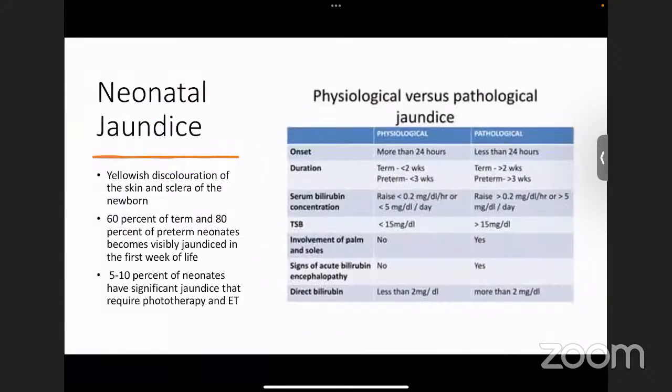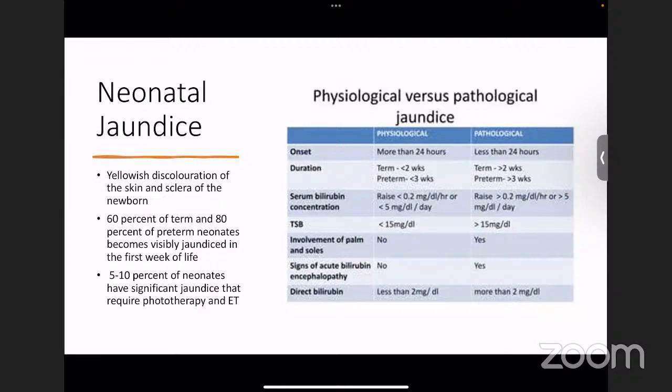Last topic, which I will be discussing. Since we are just 10 minutes before 8, today I'm not going to start nephrology. Next week, most probably, we will deal with nephrology. Sorry for the delay, but neonatology is a vast subject.